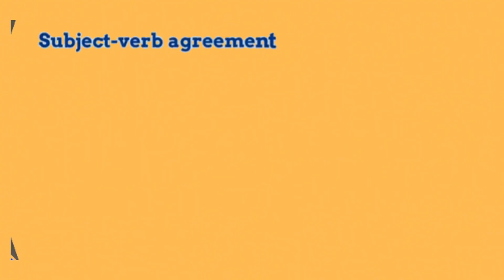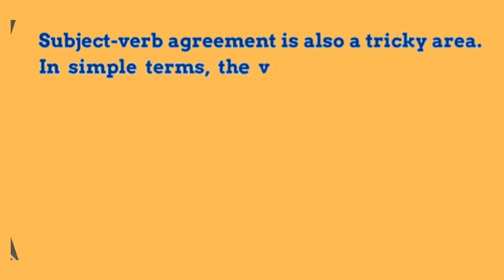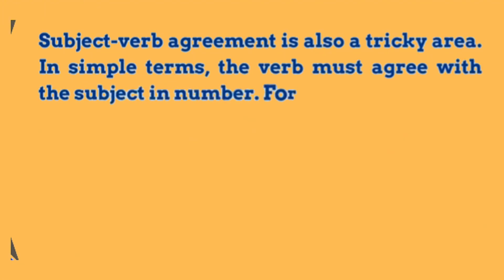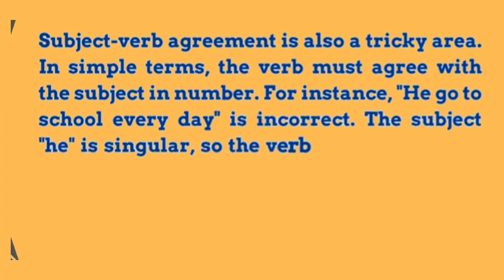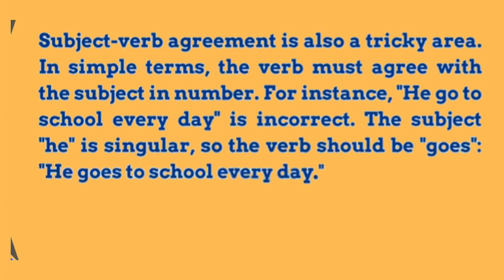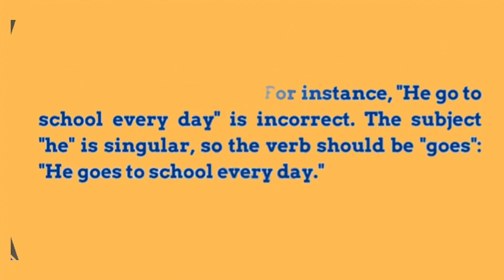Subject-verb agreement is also a tricky area. In simple terms, the verb must agree with the subject in number. For instance, "He go to school every day" is incorrect. The subject, he, is singular, so the verb should be goes. He goes to school every day.